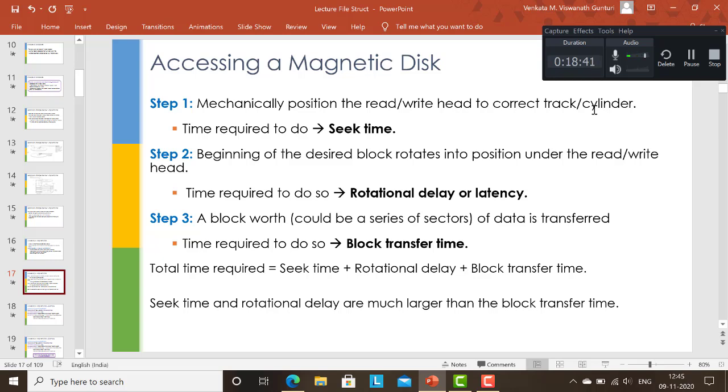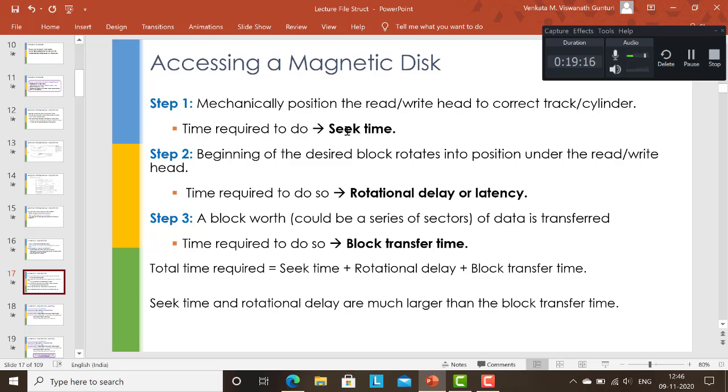Now once your read-write head is in the correct cylinder number slash track number, then your disk starts to rotate under your disk head, such that the sector that you want to read comes under your read-write head, right? The time required for this rotation is called rotational delay or latency. Of course, the seek time depends on how much it had to move.